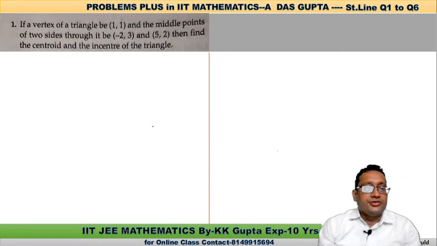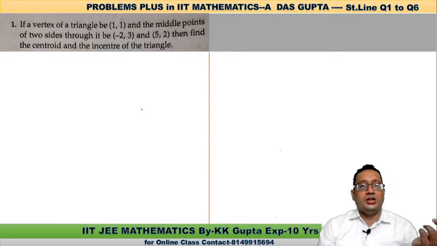Question number 1 says, if a vertex of a triangle is (1, 1) and the middle points of the two sides through it are (-2, 3) and (5, 2), then find the centroid and incenter of the triangle.